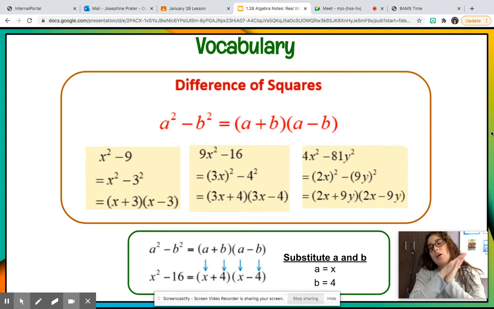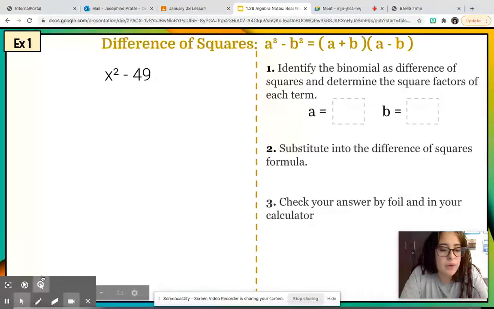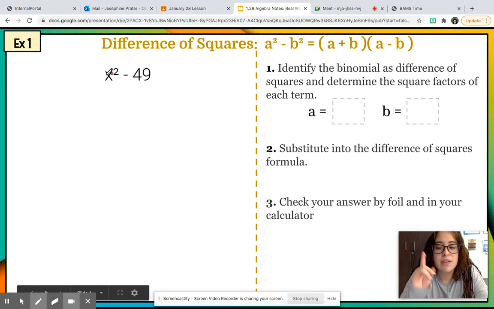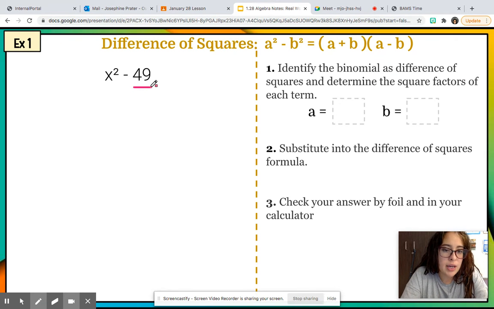Okay, today we're going to be talking about the differences of squares. We're also going to be talking about substitution. So let's go ahead and move on. All right, so this is an occasion where we have a difference of squares, and this is why. The 49 is a perfect square. Why?